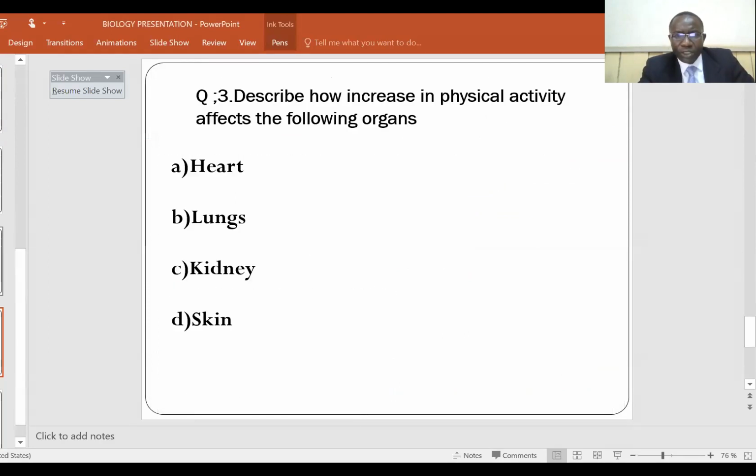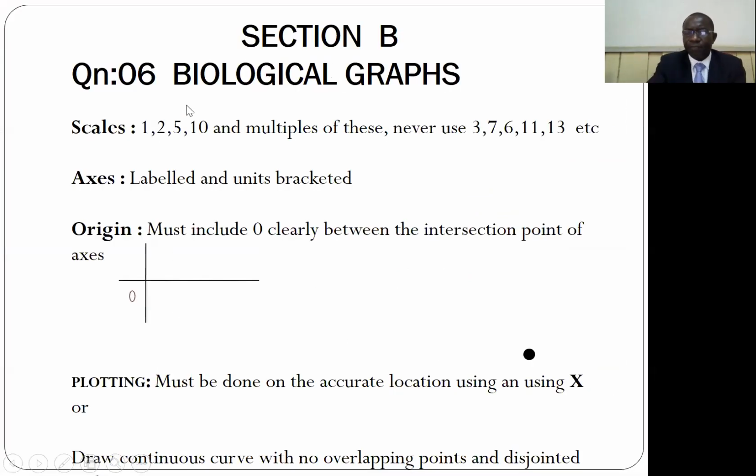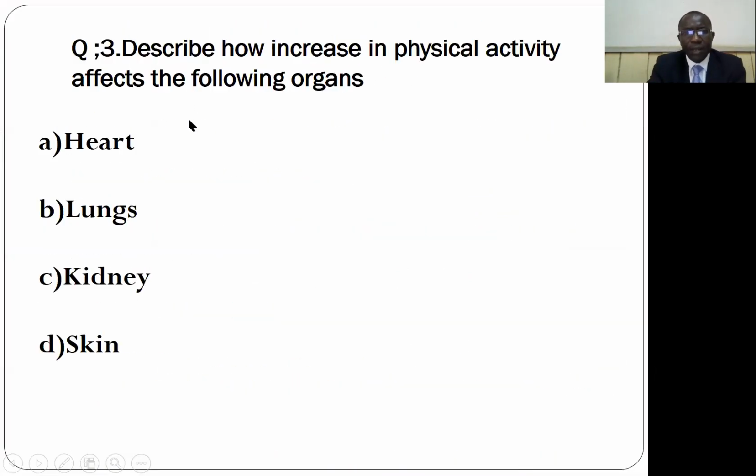I'm getting to the question. This was a question which was there last year on essay.